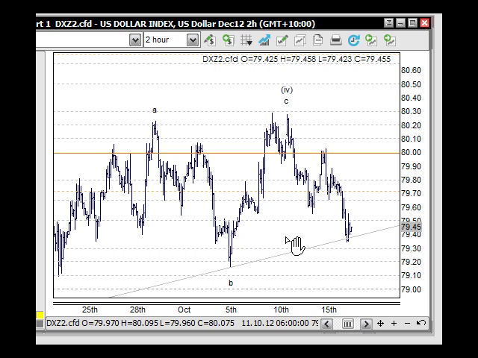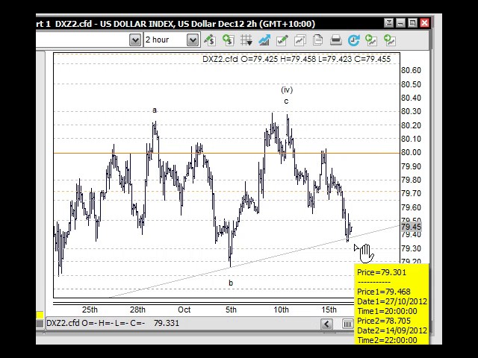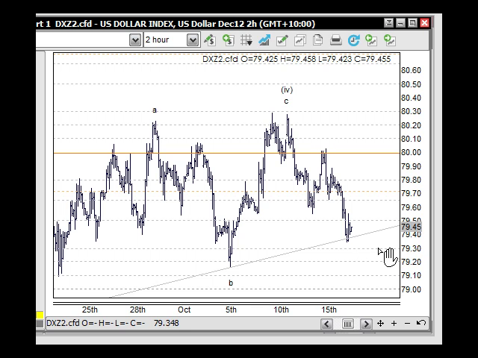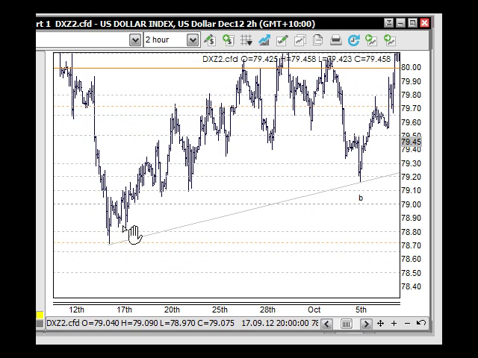So that's falling into line quite nicely. What we don't have so far is, this move down through here, as you can see, is in 3 waves. We'll be looking for that to develop further into 5 waves, which will confirm the lower price action of this low being taken out through here as such.